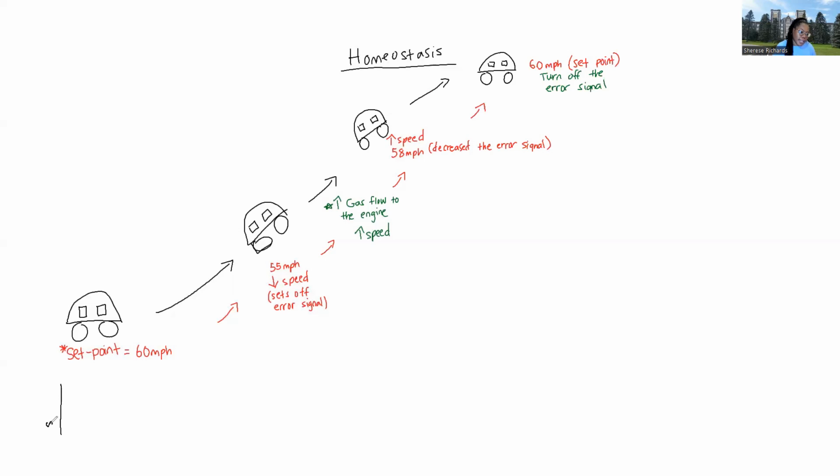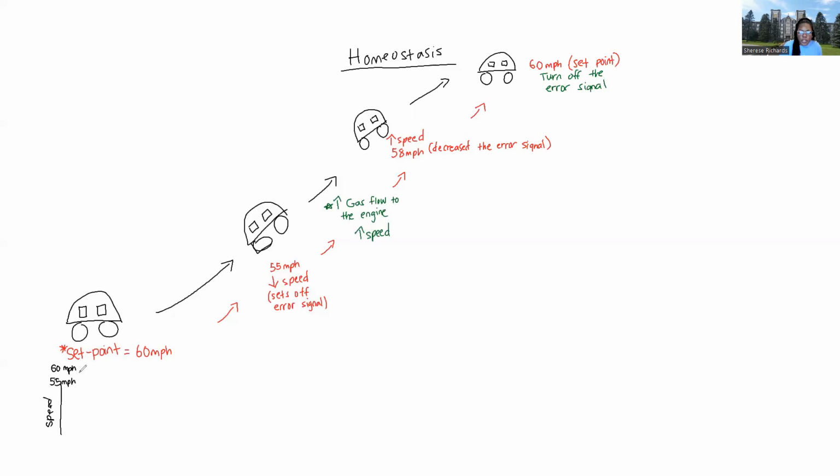On the axis here is our speed, which we're starting at about 55. Right, 55 miles per hour. Whereas we would like to be is closer to 60 miles per hour.